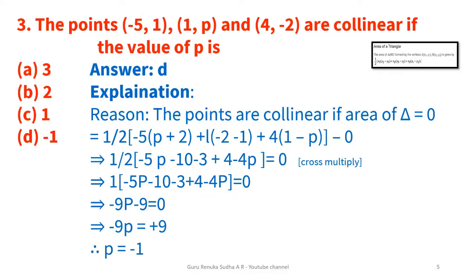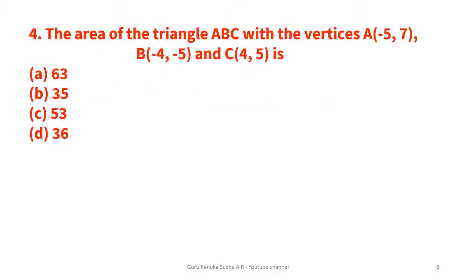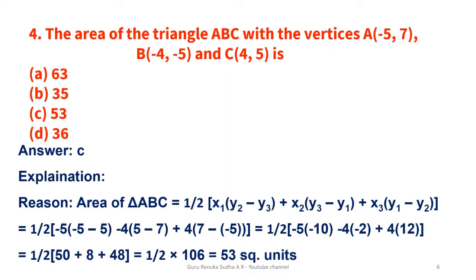Next, the fourth problem. The area of triangle ABC with the vertices A, B, C: we have to calculate the area of the triangle, so the same formula applies here. Area of a triangle is equal to half of x1 into y2 minus y3 plus x2 into y3 minus y1 plus x3 into y1 minus y2.